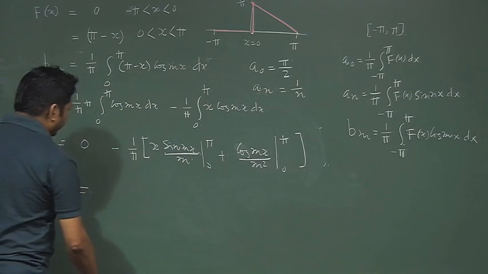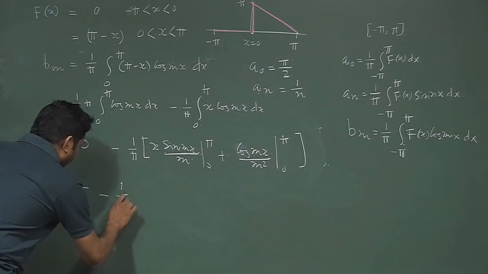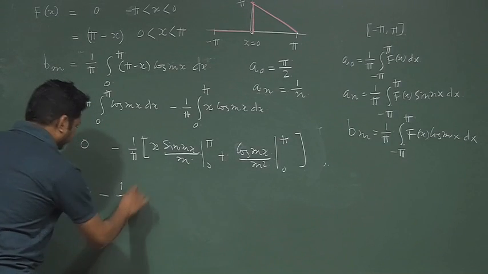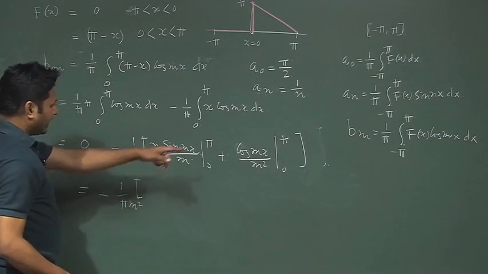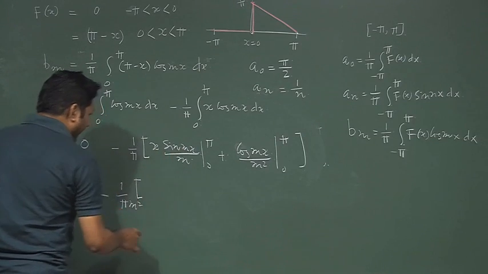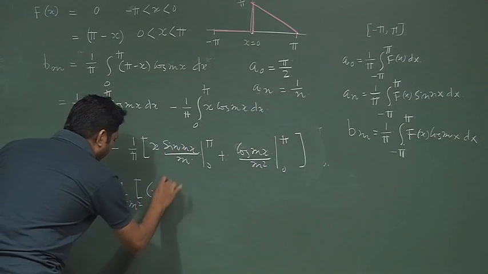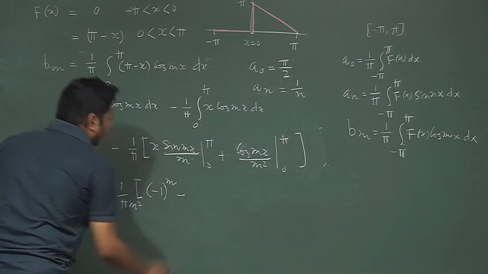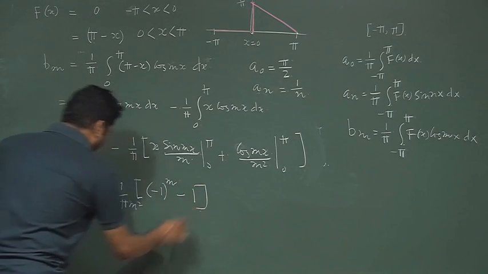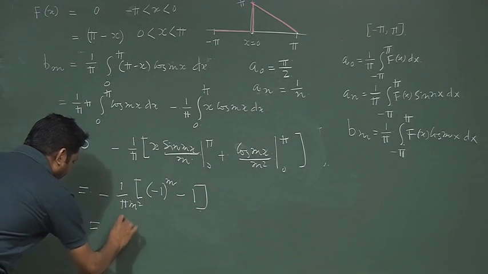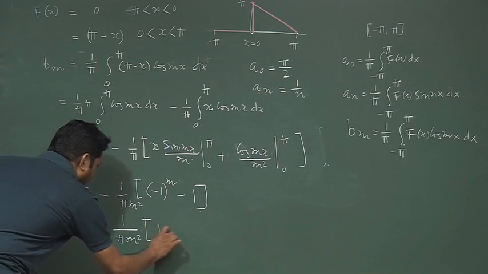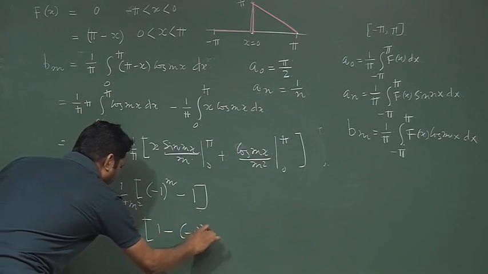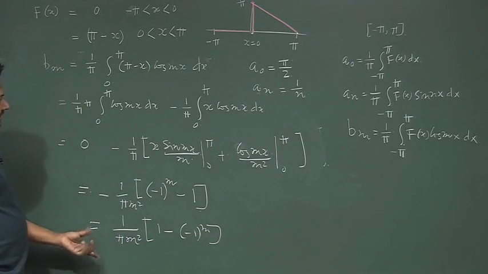Here we have something like minus 1 by pi m square times minus 1 whole to the power m minus 1. If I rearrange, it should be 1 by pi m square times 1 minus minus 1 whole to the power m. It should be something like this.